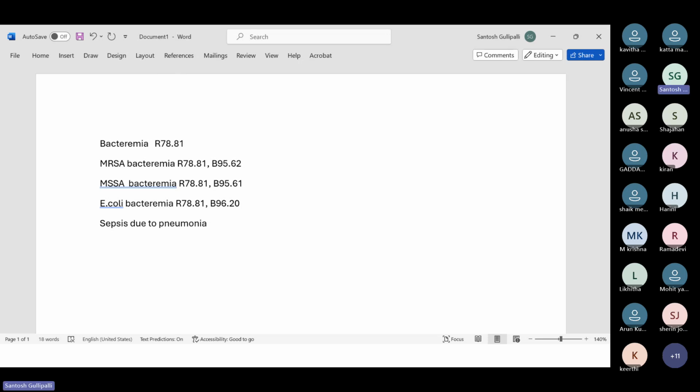In this scenario, you give sepsis, A41.9, as the principal diagnosis, and pneumonia, the localized infection, J18.9, the pneumonia code.